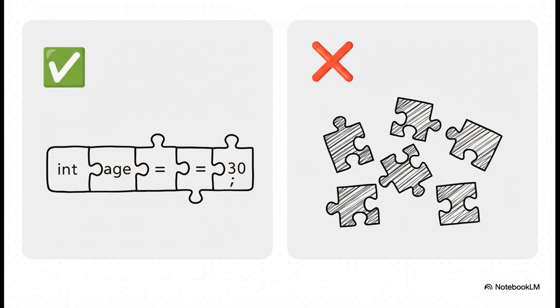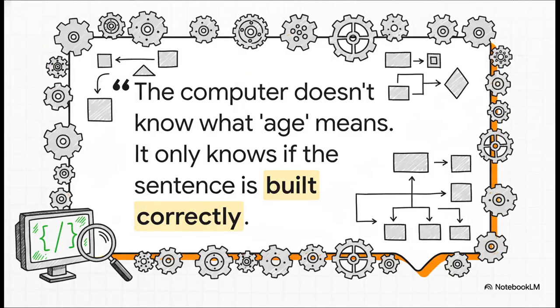And this is a perfect example of what I'm talking about. On the left, int age equals 30 follows the rules perfectly. You have the type, then the name, the equal sign, the value, and the semicolon. It is syntactically correct. But look at the right. It's the exact same tokens, just all scrambled up. To the computer, that's just grammatical garbage, and it'll immediately throw a syntax error. Now here's the crucial point.